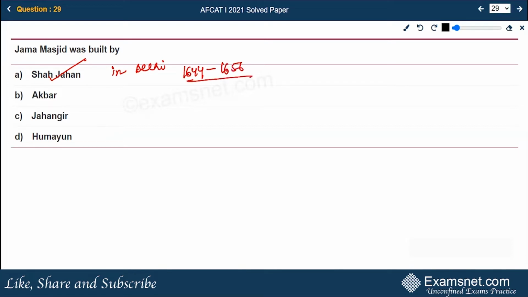This was the time period taken in the construction of Jama Masjid. The main architect of this masjid was Ustad Khalil. This is the largest mosque in India. It was originally called Masjid-e-Jahanuma, which means mosque commanding view of the world.